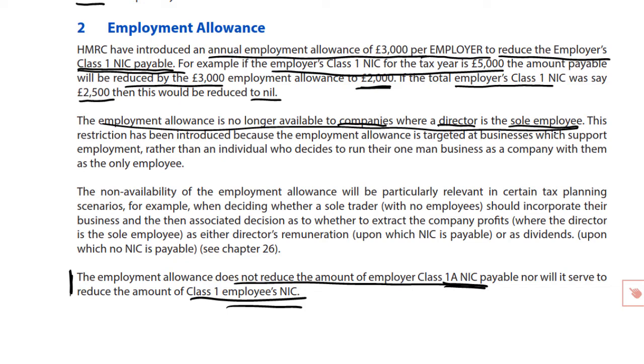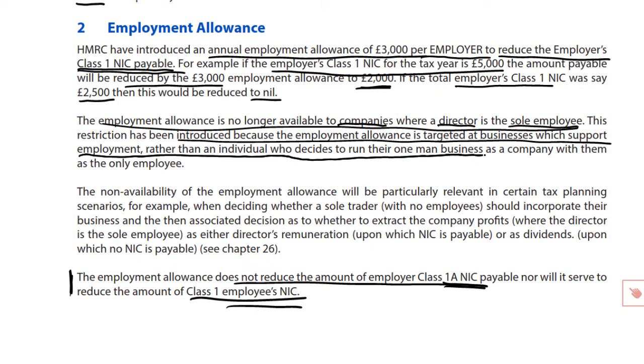If that is the case, there is no employment allowance to put against the company's employer NICs. This restriction has been introduced because the employment allowance is targeted at businesses which support employment, rather than an individual who decides to run their own one-man business as a company, with them as the only employee there. That's the idea.